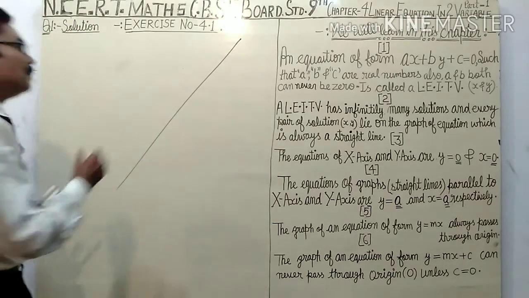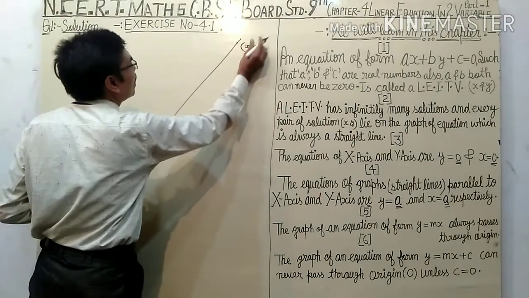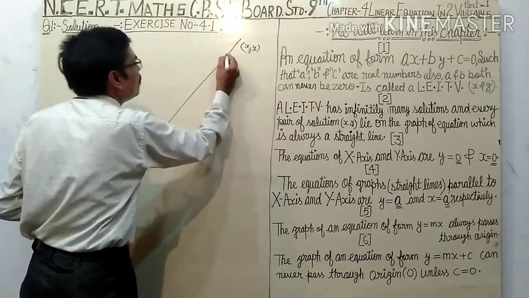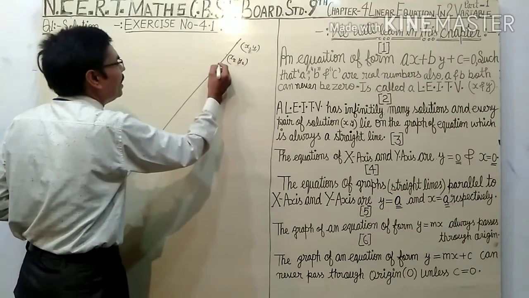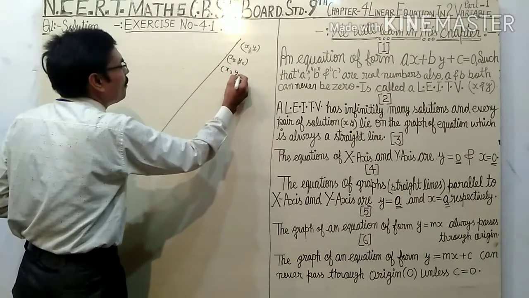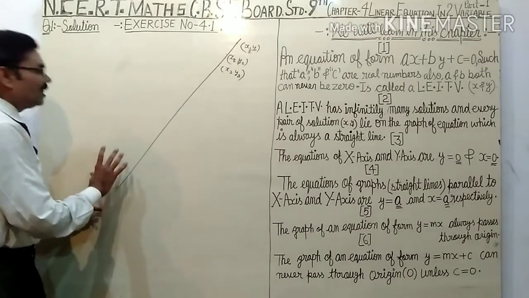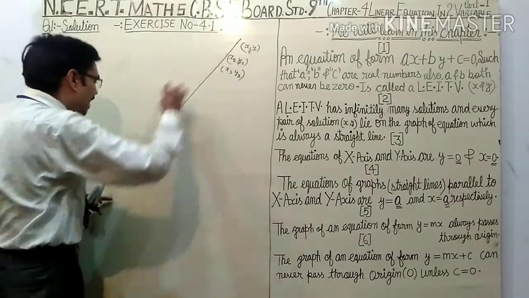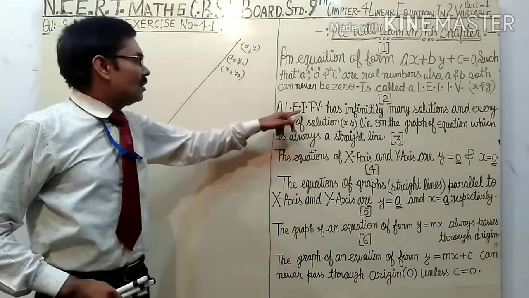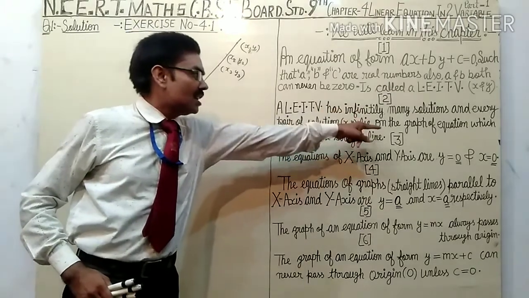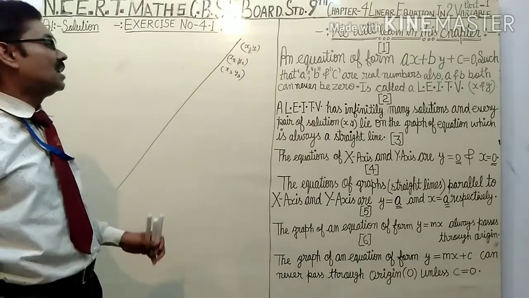Every point needs coordinates like (x1, y1), (x2, y2), (x3, y3), but it is not possible to write the coordinates of every point lying on a graph line. So we can say that a linear equation in two variables has infinitely many solutions and every pair of solutions (x, y) lies on the graph of the equation, which is always a straight line.